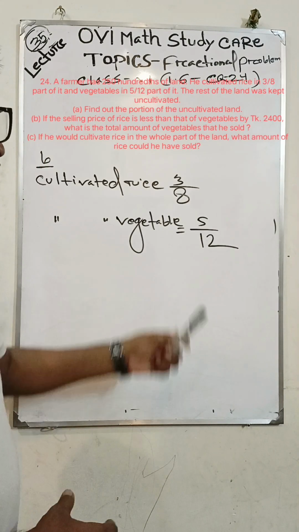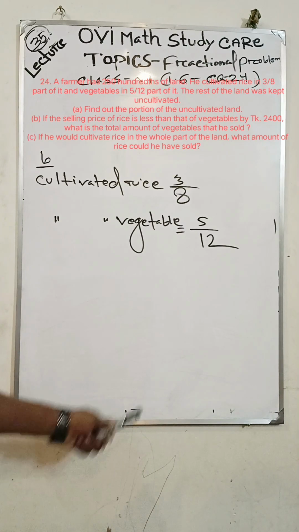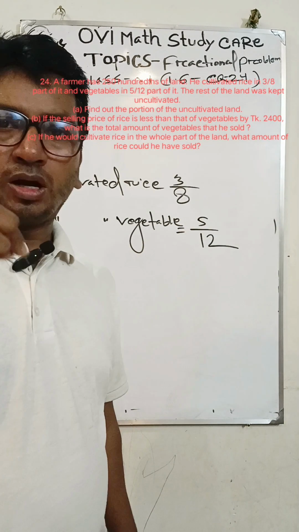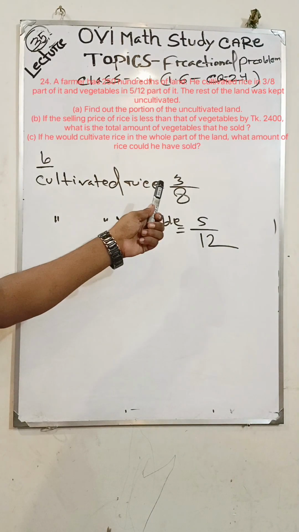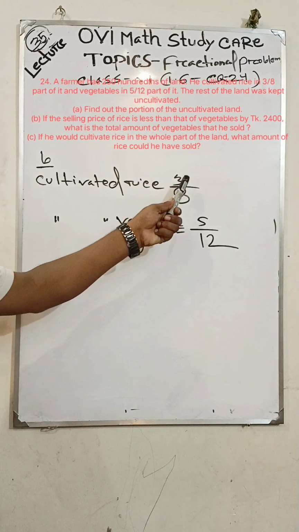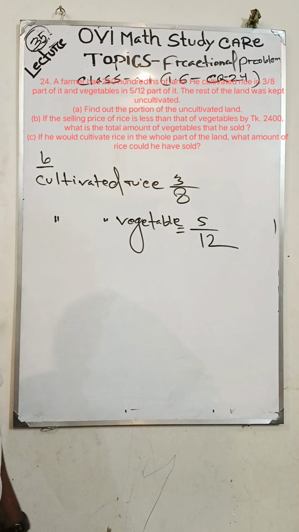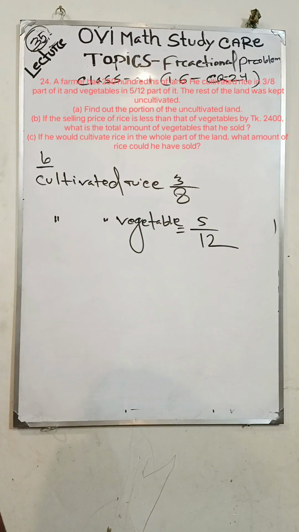We cannot understand which is larger and which is smaller. So to understand the larger or smaller, you can convert it to equal denominator fractions. If we convert it to equal denominator fractions, you can easily say which is larger or smaller.